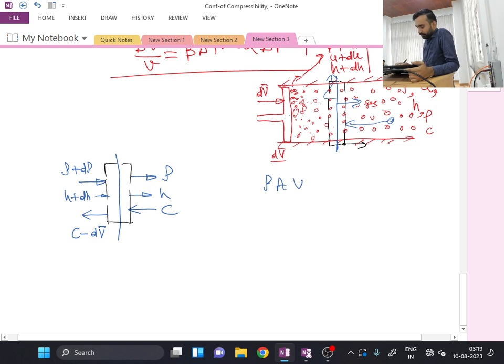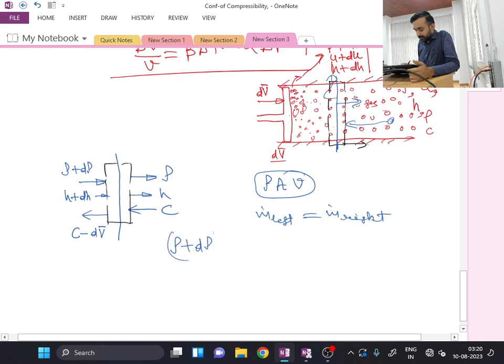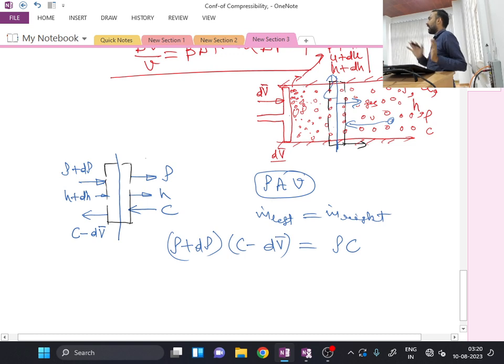So by applying conservation of mass, the mass flow rate at the left face of the control volume is equal to the mass flow rate at the right face, so I can write rho plus d rho times c minus dV bar will be equal to rho times c, considering that the areas of the right and left faces are the same. Is this point clear?